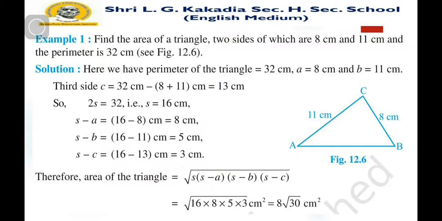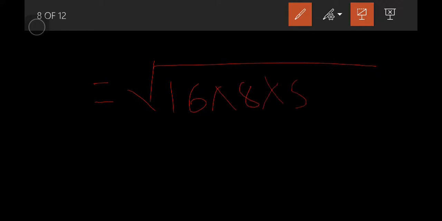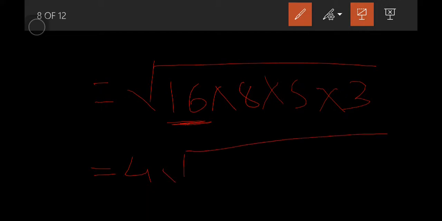So here let us again find the square root of all these terms. Square root of 16 into 8 into 5 into 3. We know that the square root of 16 is 4, into, we can write 8 as 4 into 2, into 5 into 3.